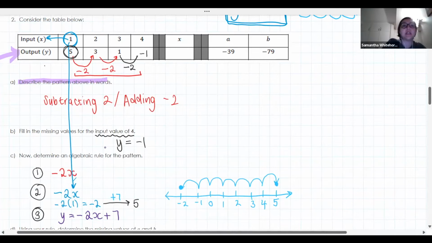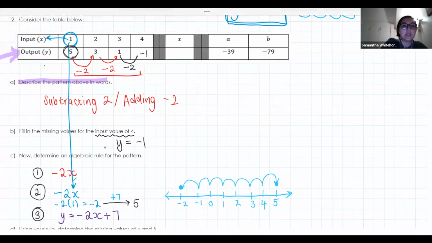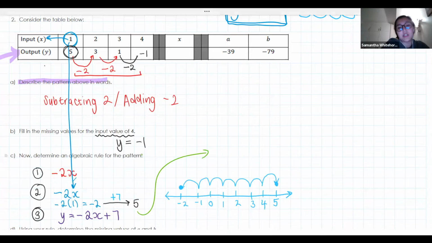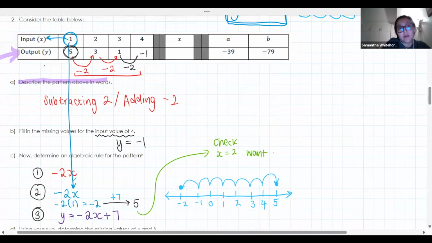Now remember, we want to double check ourselves. We're not just going to believe that we've got this right. We always want to double check. Now you don't double check with all of them, check with one. So if we take x is equal to 2, we want to get a y value of 3.